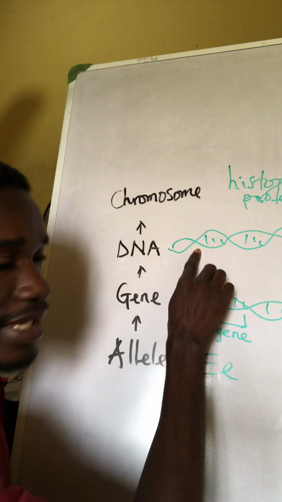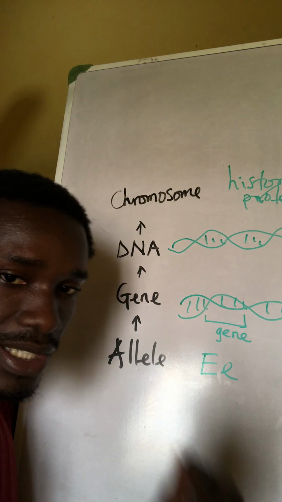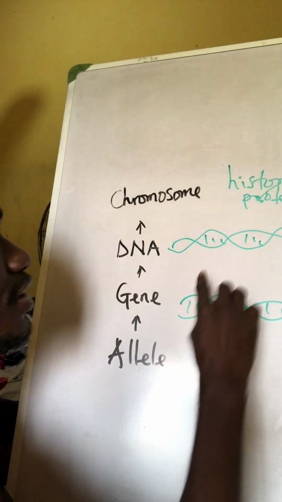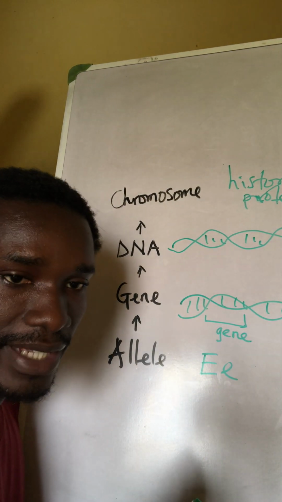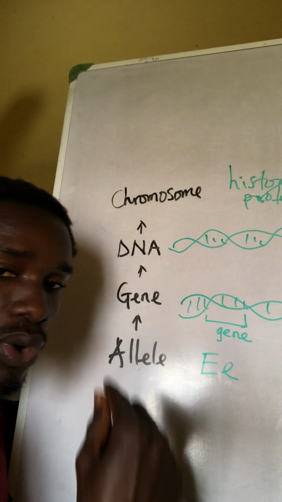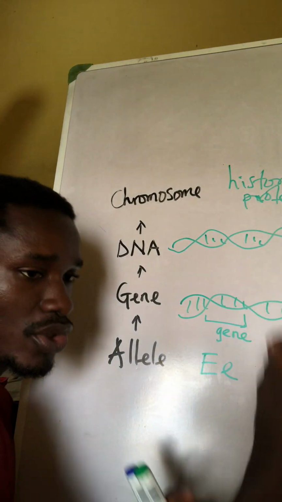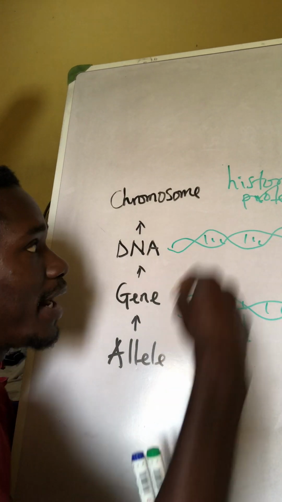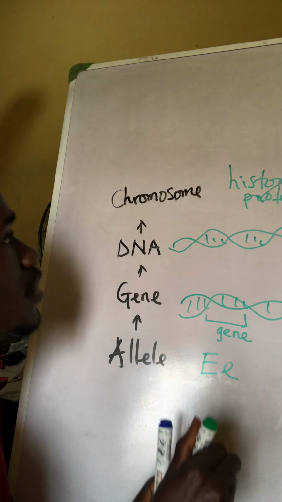So this DNA molecule is too long, about 2 meters in each human cell. It has to fit inside of the cell's nucleus, where the DNA is found. But since it is very long, it has to coil and supercoil around these histone proteins. So it binds itself around these histone proteins to condense into the structure that we have, the chromosome.